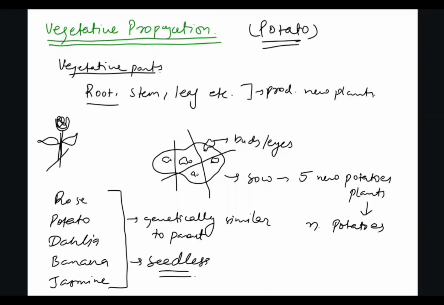What I mean to say is that, let's say here is a grass, and it runs through the ground, and there is a place where it gets attached to the soil, and once it gets attached, there is another bunch of grass from here, altogether a new, different plant.